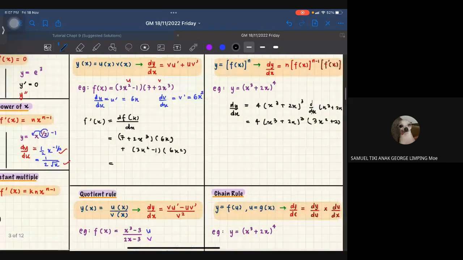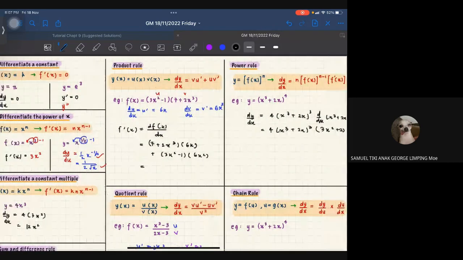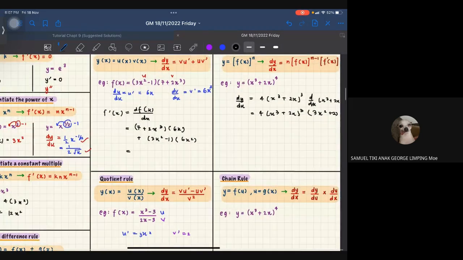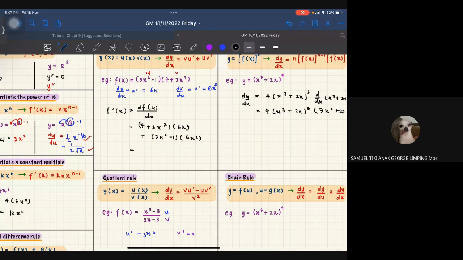So chain rule. Okay, so chain rule, saya gunakan konsep yang sama juga. Okay, so bukan apa yang kita nak buat, bila masa awak boleh guna. Okay, so awak boleh guna chain rule bila awak ada masalah yang sama macam dekat atas ni tadi. Okay, so let's say awak ada satu function dekat dalam function. So this one, you have a cubic function inside power of 4 punya function.